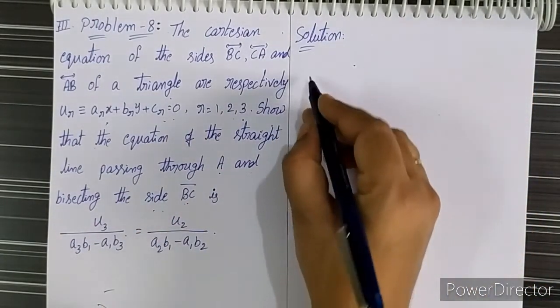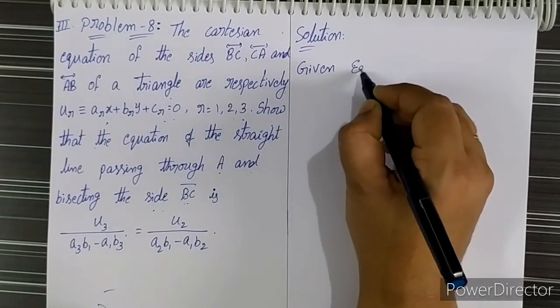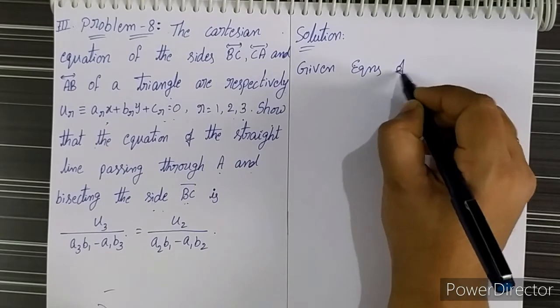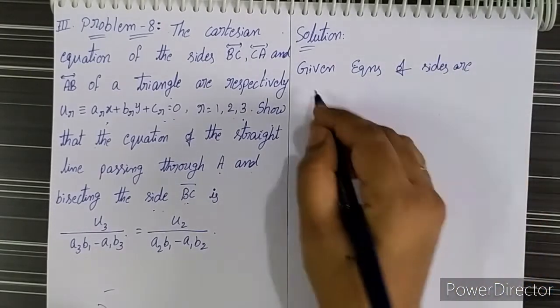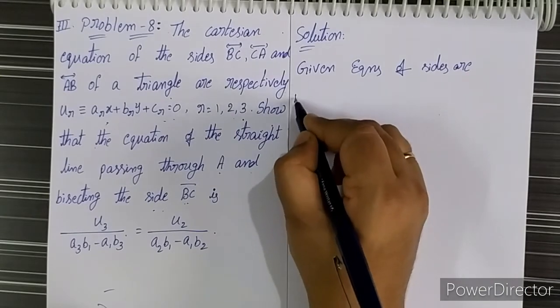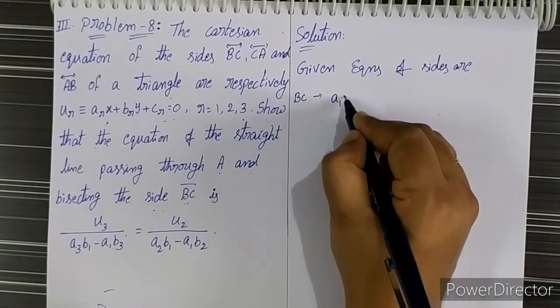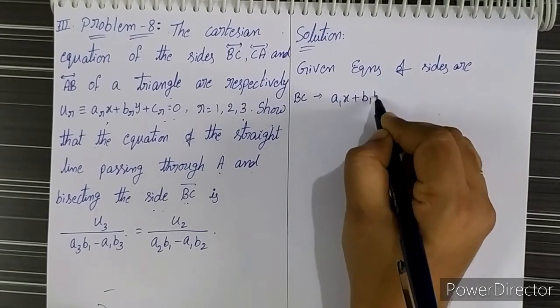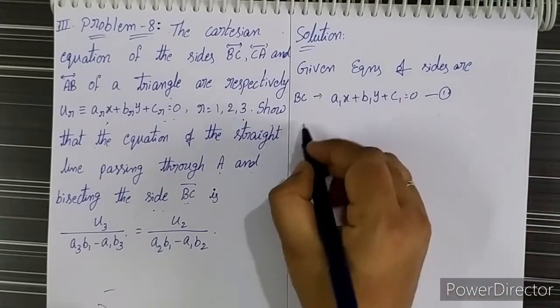Then for that, the solution: the given equations of the sides are, BC side equation is a1x plus b1y plus c1 equal to 0. This is equation number 1.